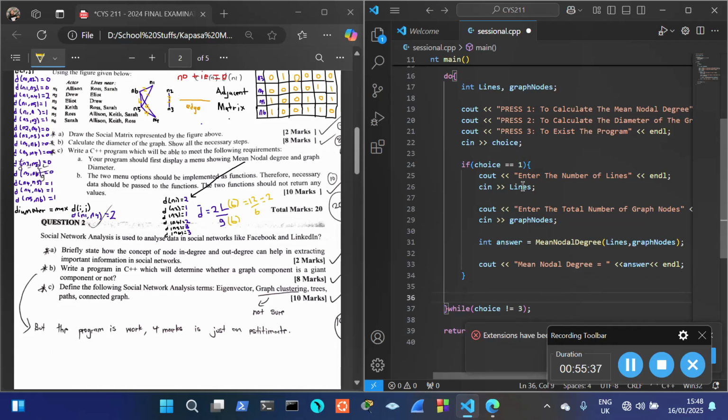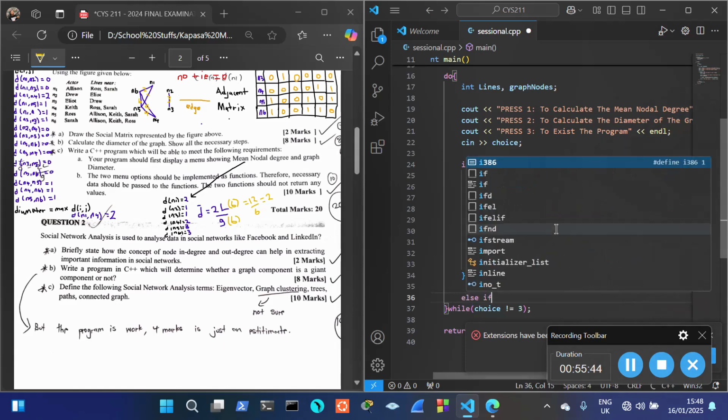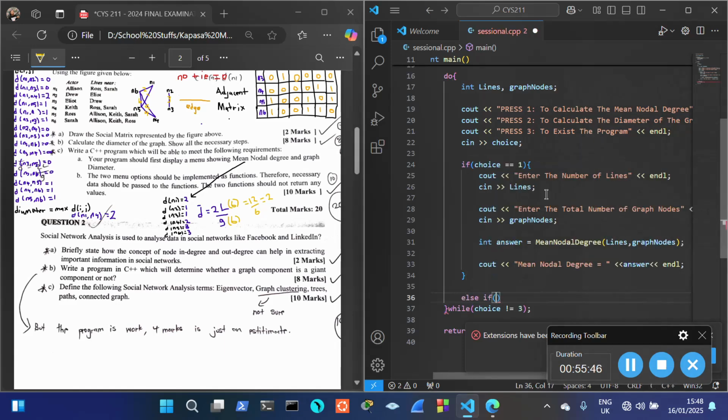So if a user presses 1, this will be implemented. Else if a user presses 2, we need to calculate the diameter. So we say else if choice is equivalent to 2. What should be happening if the choice is equivalent to 2?